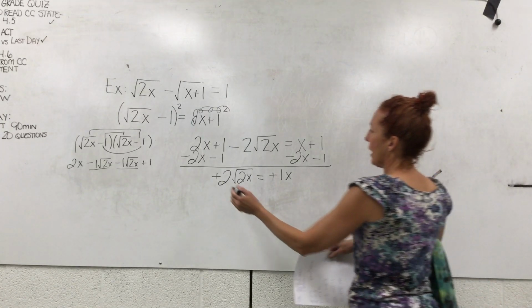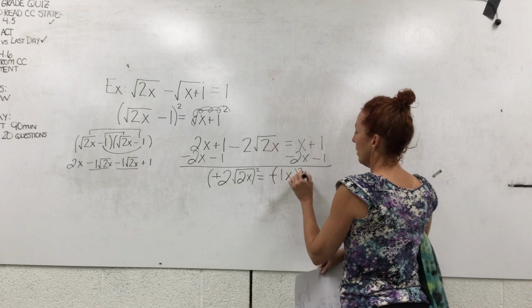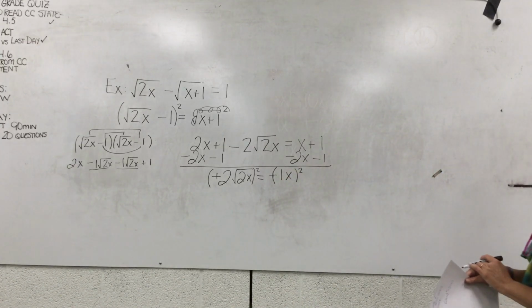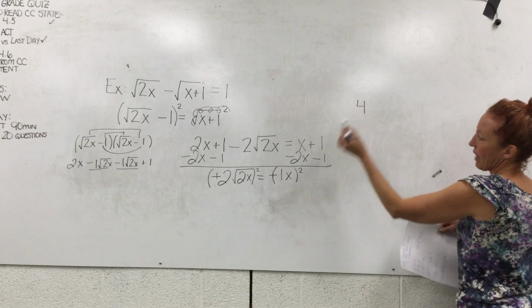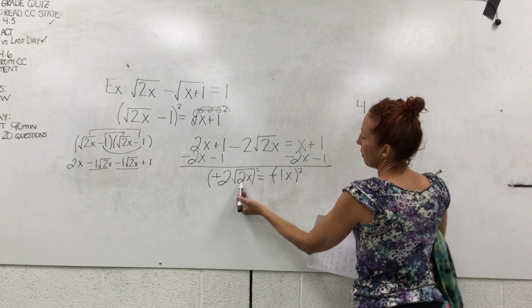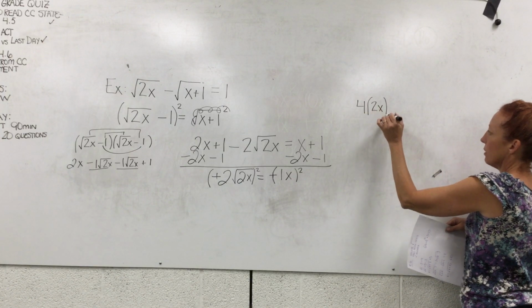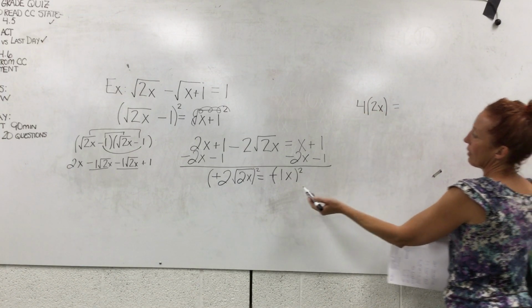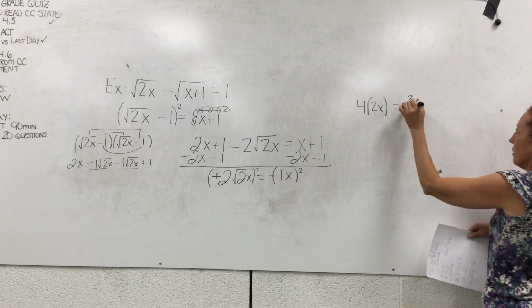And so now, once again, I can square both sides to get rid of that radical sign. And so I'm going to have 4, because I have to square that too, parentheses 2x equals, and then on this side, I am going to have x squared.